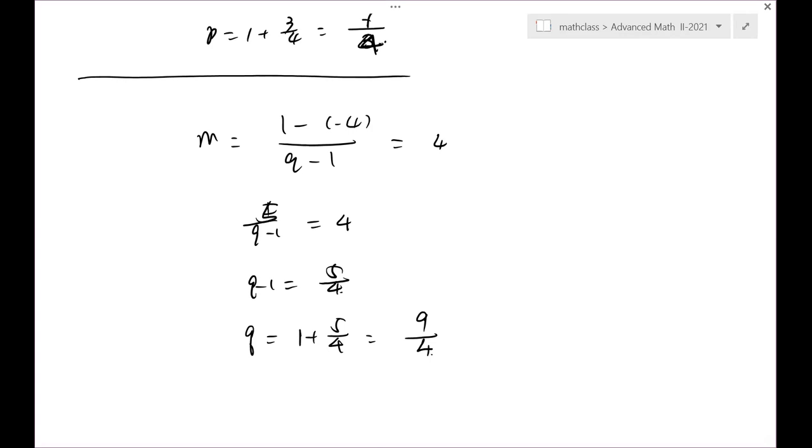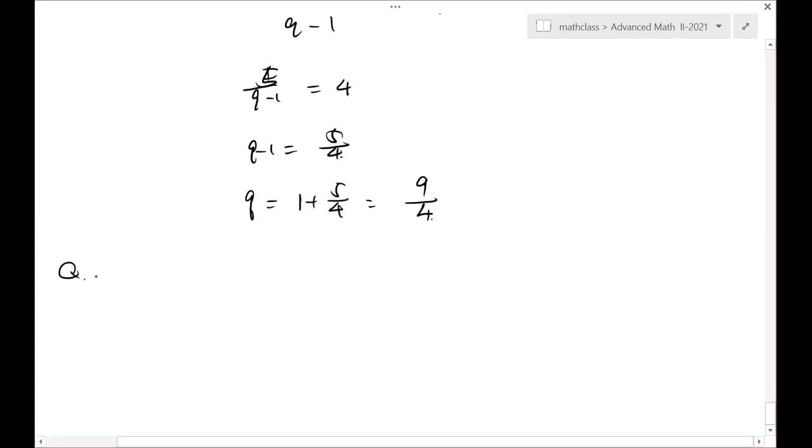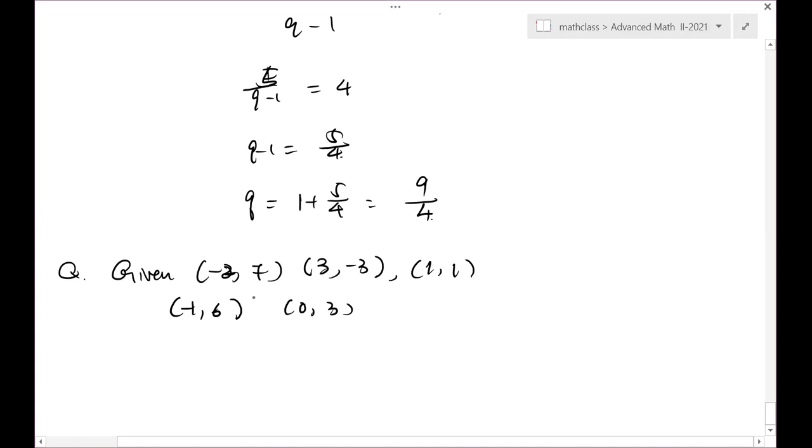All right. So our last problem is: for all the pairs listed, four are solutions of the same linear equation and one is not. The given points are -2, 7; 3, -3; 1, 1; -1, 6; and 0, 3.